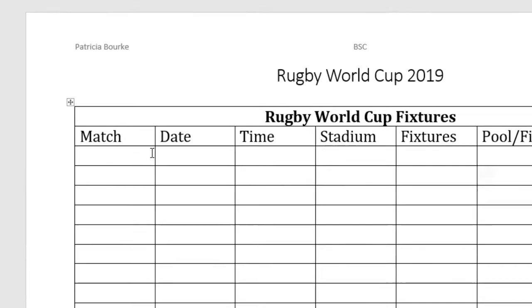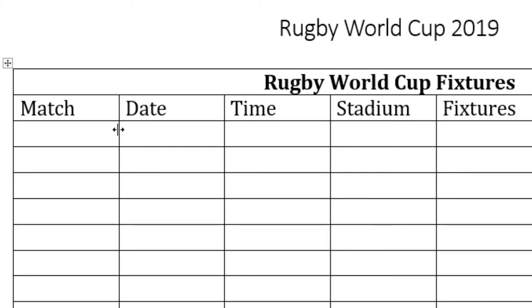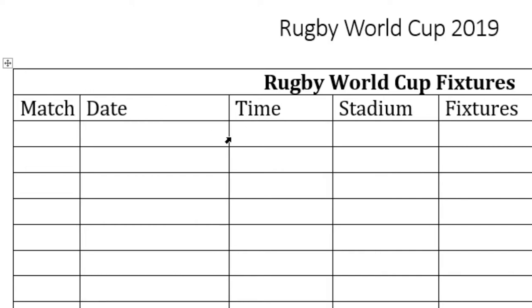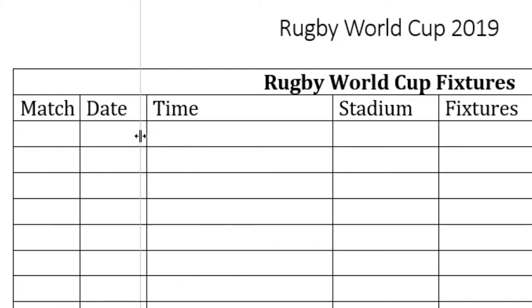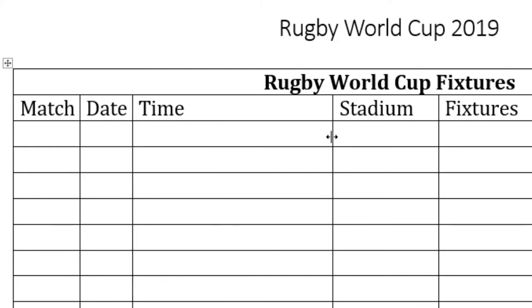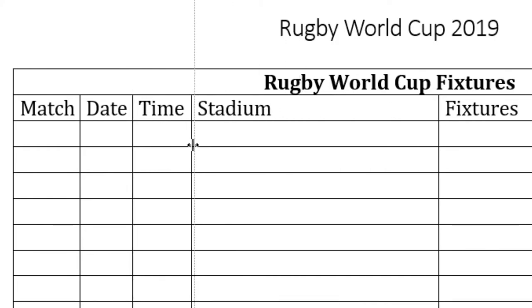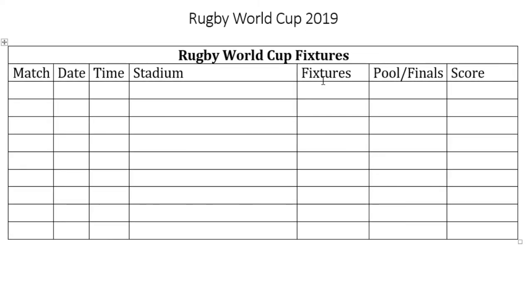What I'm going to do is I'm going to move these lines here. So you can see, if you move the cursor on top of it, you can see that it's changed to arrows pointing in both directions and a line down the middle. So if you hold down the left mouse button, you can actually pull the line just to resize, because obviously you don't need as much space for the time, the date and the match. You do, however, need it for stadium and fixtures.